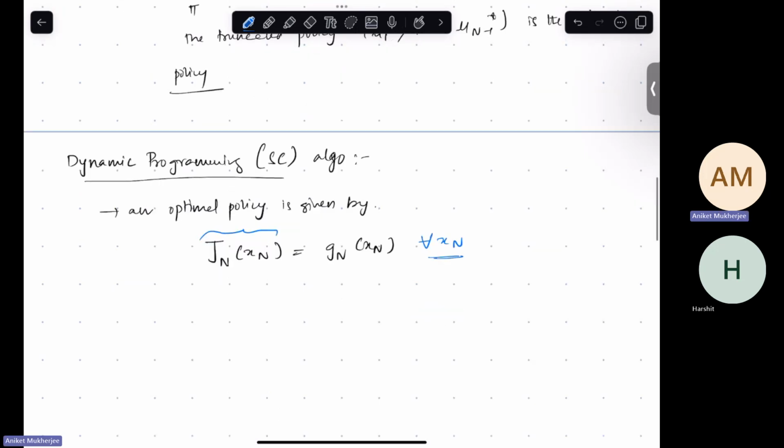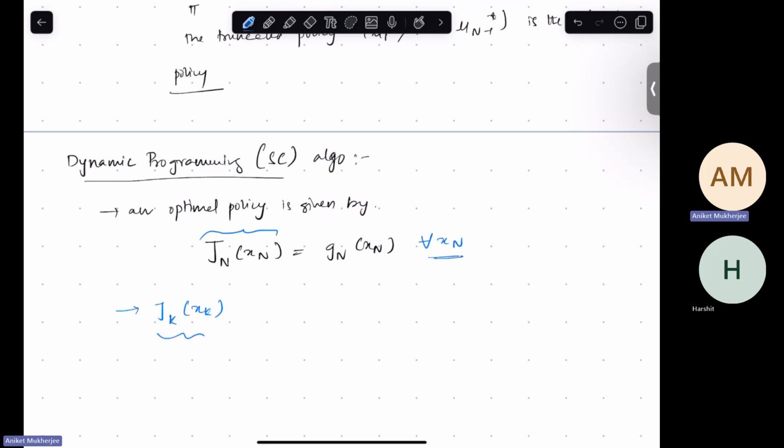Okay. Next, you define Jk of xk. So this is basically like a cost till your nth step. We will go through this one by one, but right now I'm just defining terms.